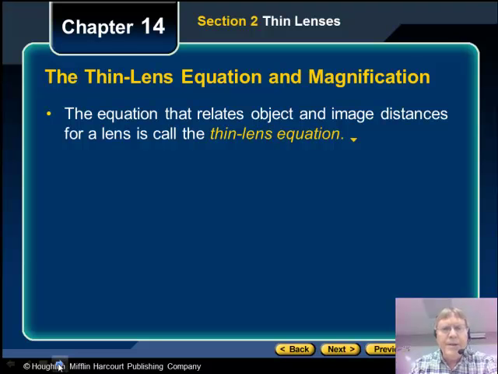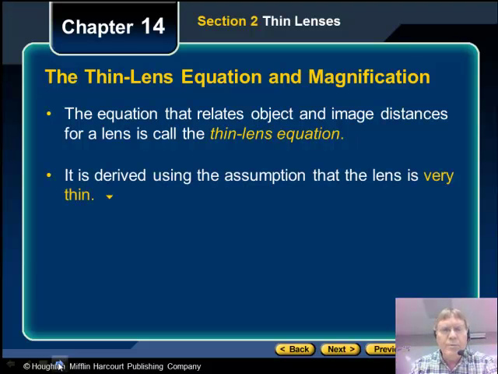Okay, for thin lenses, you have to make the assumption that the lens is very thin. You can use this lens equation for all problems involving lenses, but technically it's not good when you have lenses that are very thick.